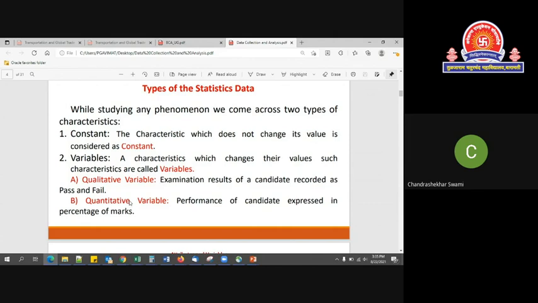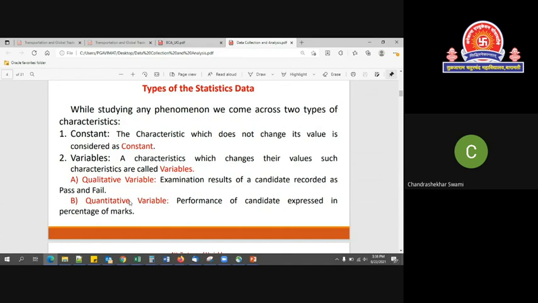And instead of the result being recorded as pass or fail, if we express the performance of a candidate in percentage of marks, then this characteristic is a quantitative type variable, meaning the variable which is expressed in numerical form. Then you can call it a quantitative variable.